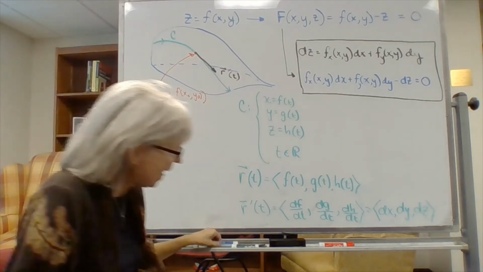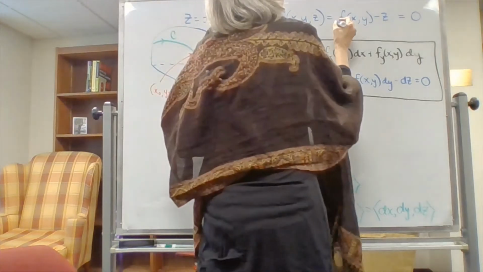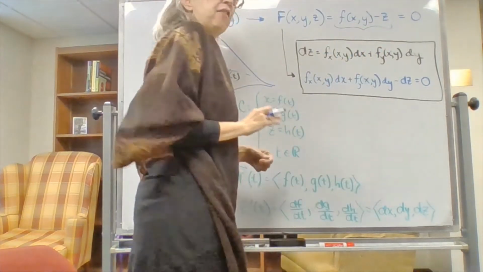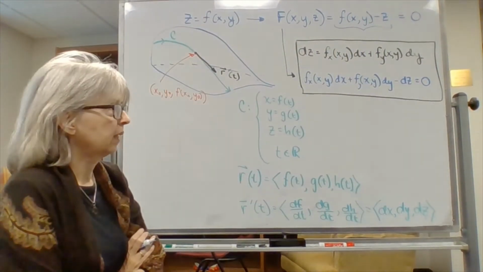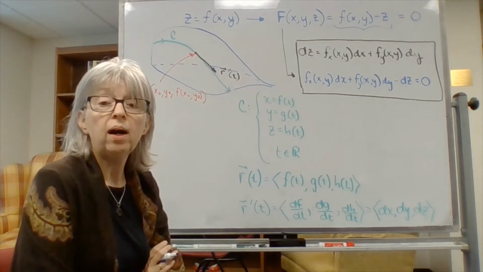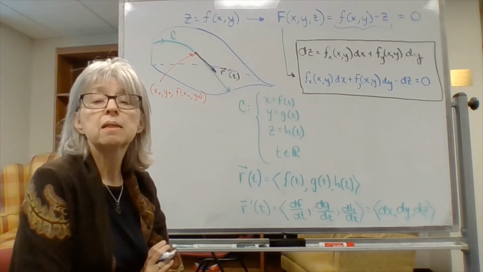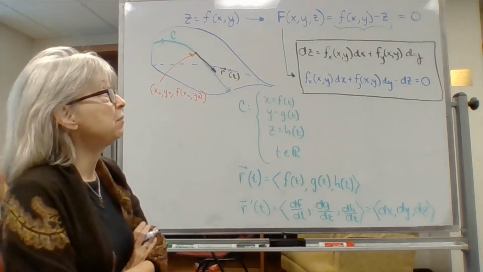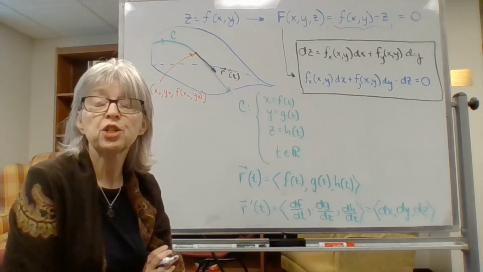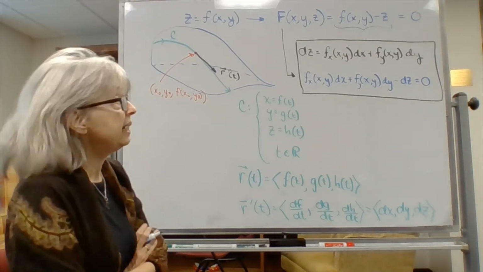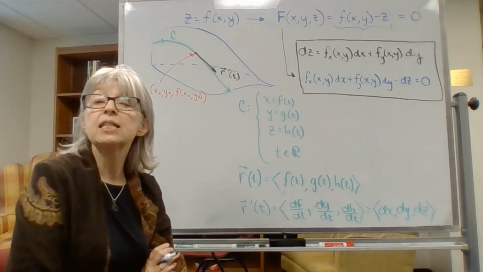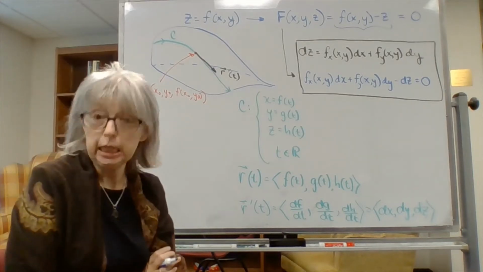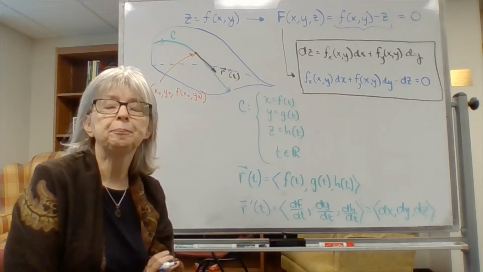And so I've just named that new expression, f of x comma y minus z, big F, and I know that that is equal to 0 because z is little f of x y.